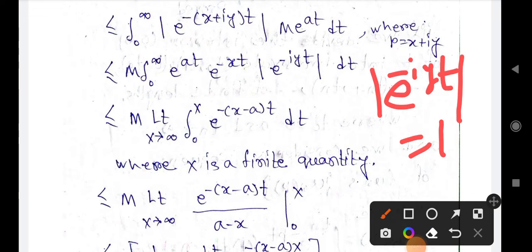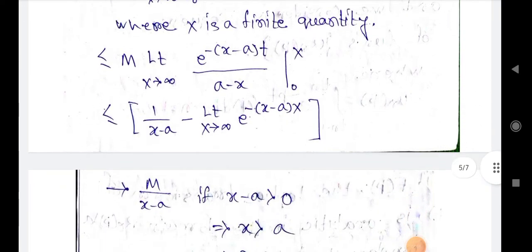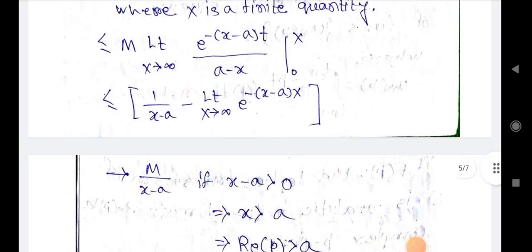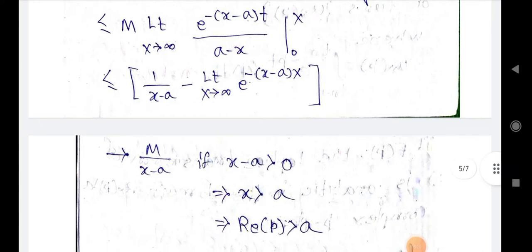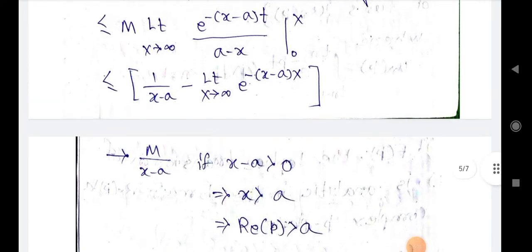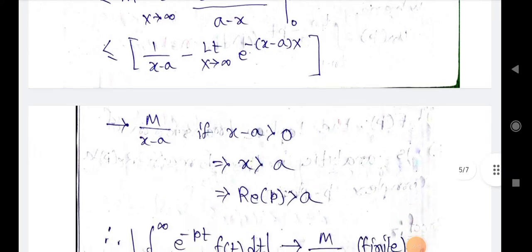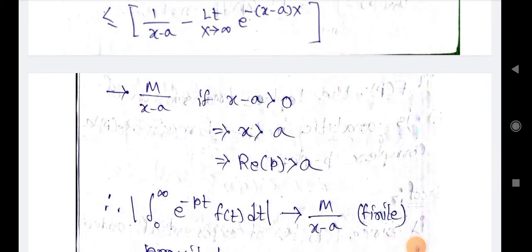So less than or equal to capital M limit capital X tends to infinity, integral from 0 to capital X of e to the power minus (x minus a)t dt, where x is a finite quantity, less than or equal to capital M limit X tends to infinity of [e to the power minus (x minus a)t divided by minus (x minus a)] from 0 to capital X, less than or equal to 1 by (x minus a) minus limit of e to the power minus (x minus a)X, tends to M by (x minus a).